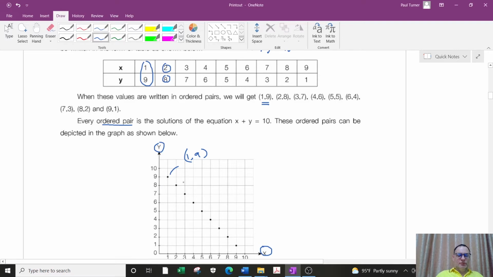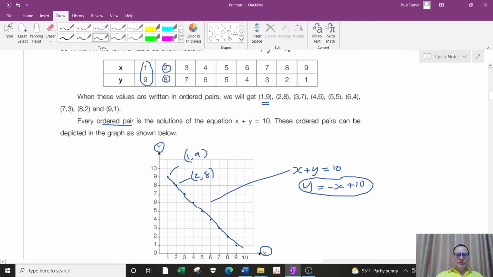X is 2, y is 8. So 2, 8, and so on. And you can see here, we're going to get a straight line because it's a linear equation. Okay, so that equation there is x plus y equals 10. It could be written as y equals minus x plus 10, which you will do more on later. So that is your equation of this line here.